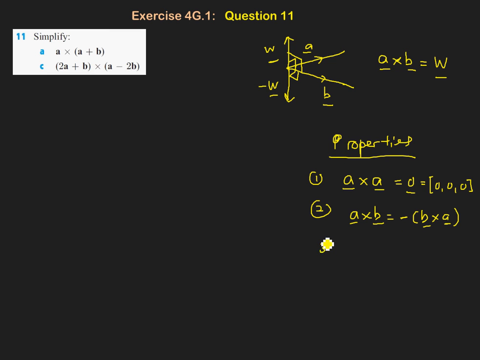There's one more property: if we have A cross the sum of two vectors, B plus C, the outcome is actually A cross B plus A cross C. It's something like expanding.